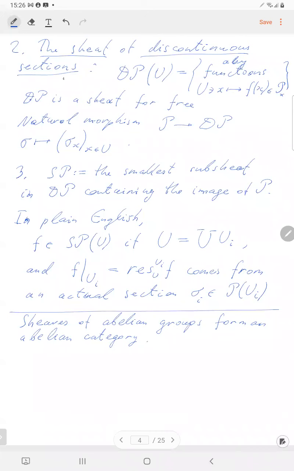Here, monomorphism or embedding or injection are just embeddings of sections on any open.